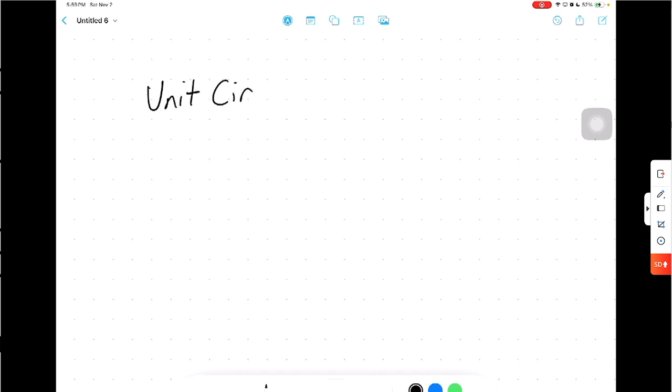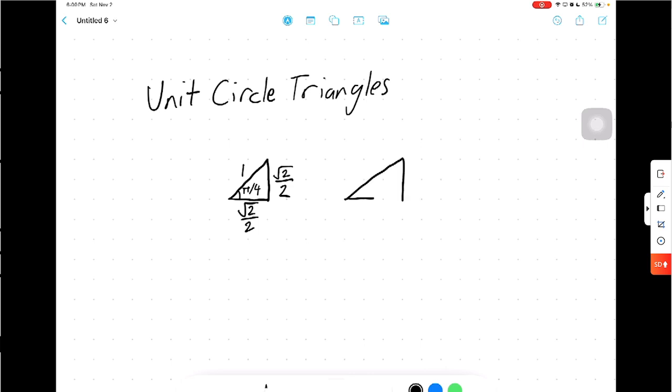All right, unit circle triangles. I think you might be referring to these ones, where the hypotenuse is 1, and then you have root 2 over 2, root 2 over 2, and this angle here is pi over 4. And then the other kind is essentially the pi over 3, pi over 6 one.